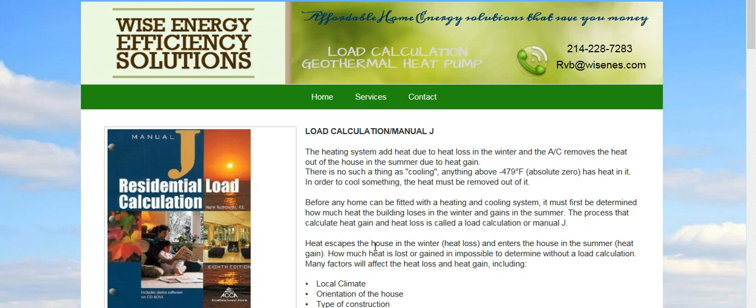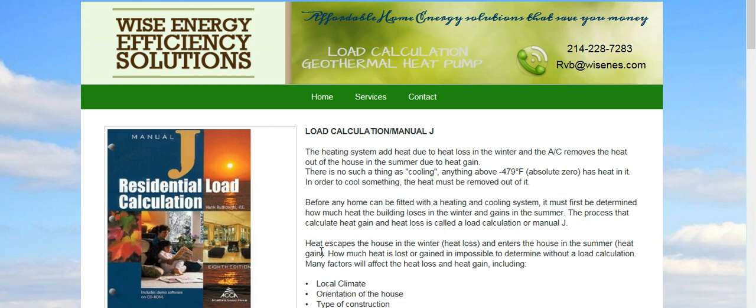Now, heat escapes the house in the winter, and that process is called heat loss. Heat enters the house in the summer, and that process is called heat gain. The only reason you put insulation in your house, the only reason you buy high efficiency windows, the only reason you try to stop air infiltration is to reduce the heat gain and the heat loss.